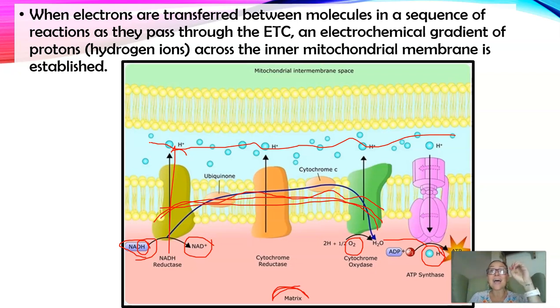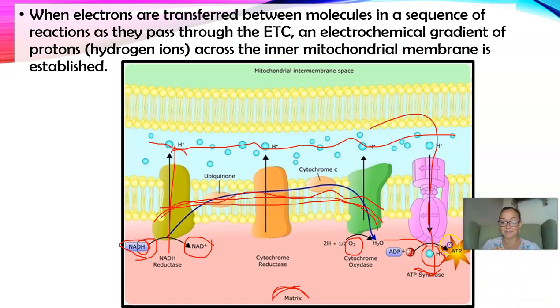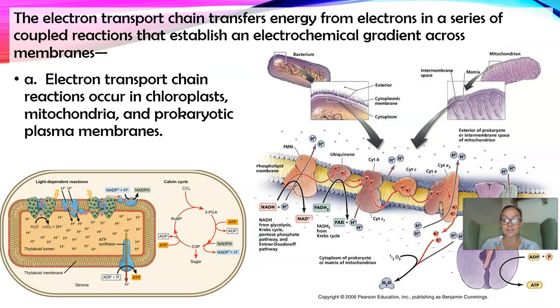Now, it is that high concentration of protons that we call the proton motive force, with all of these positive charges wanting to repel each other. They actually will flow through ATP synthase. It'll turn and phosphorylate ADP and inorganic phosphate, forming ATP. We call this process oxidative phosphorylation.